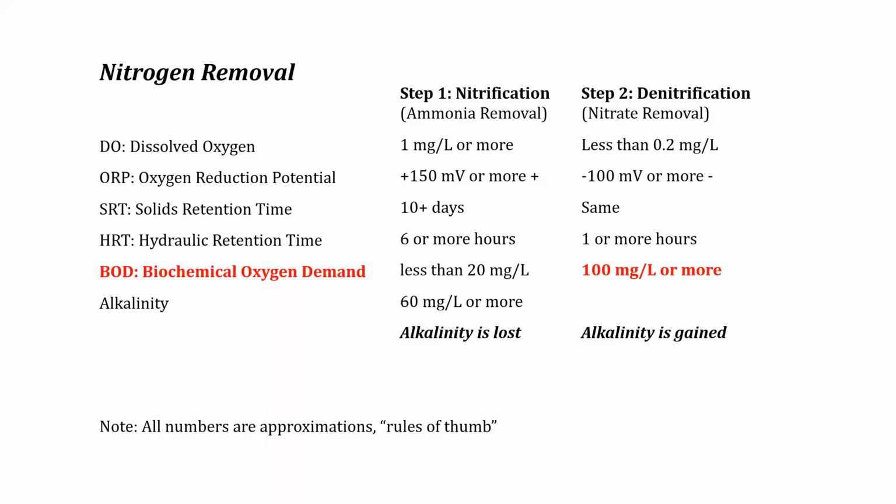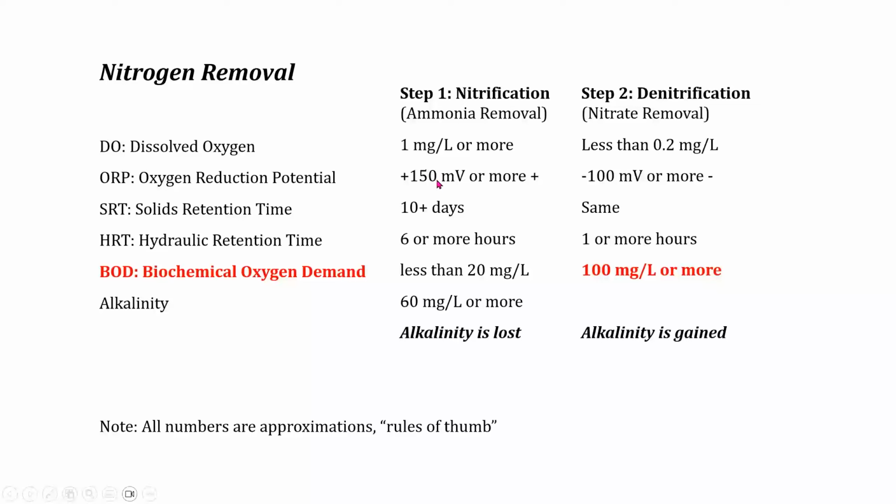So here's some rules of thumb that I have for the 2 steps. And as always, my advice is you got to start somewhere. And so these are recommended as initial targets. And then with your experience, you may find that your plant removes ammonia quite well at an ORP of positive 100.